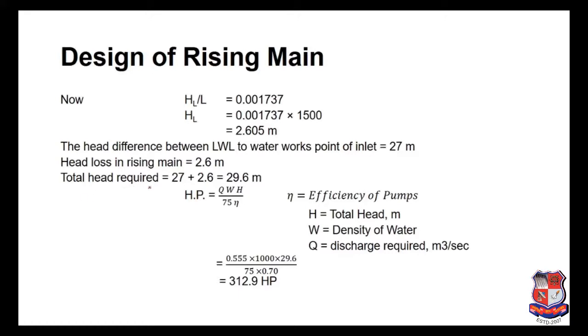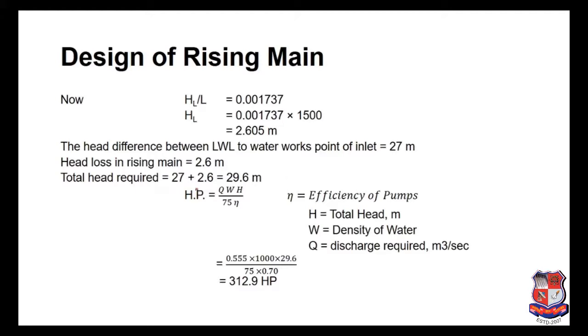So total height required will be equal to 27 meter plus 2.6 meter, so this is 29.6 meter, right? Now what is this total height required? This is the actual height required at the source. If we provide the pump with 29.6 meter head, then the water will reach up to the inlet point.